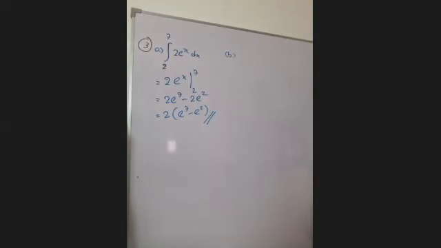Part B is the integration from 1 to 6 of (1 plus x) over x squared. This is a pretty simple concept. It's the integration of 1 over x squared plus 1 over x, from 1 to 6. If you integrate 1 over x squared, x to the power minus 1 over minus 1, that is minus 1 over x, plus ln x, from 1 to 6.